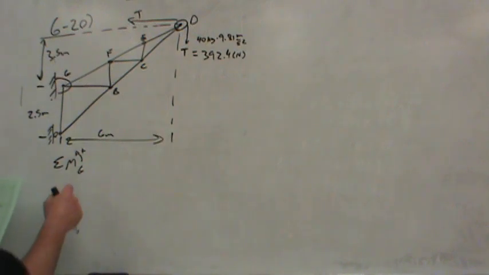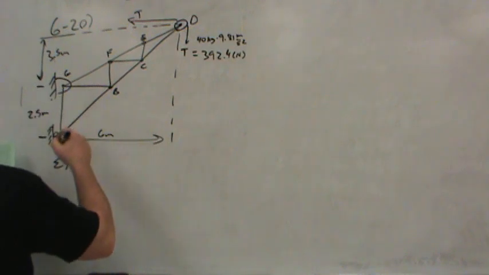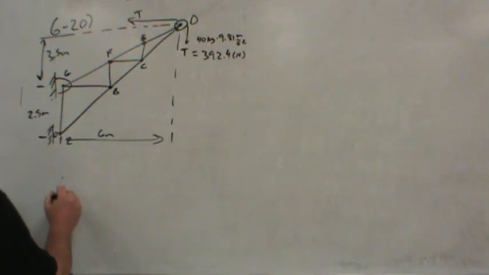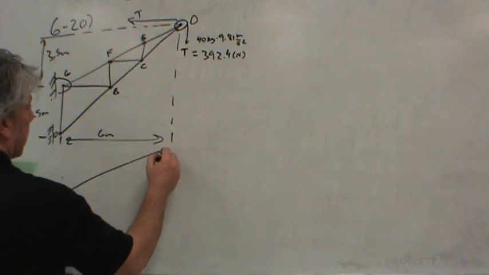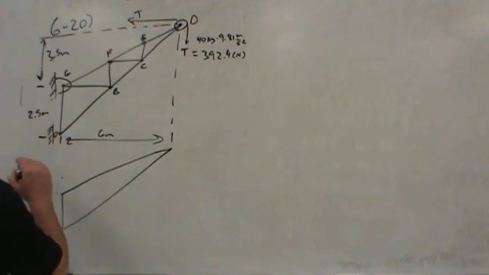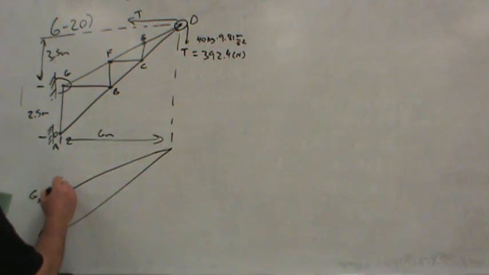So anyway, there's our geometry, and I went ahead and calculated the length of GD. Let me put that length on the free body diagram because it'll fit better. I guess I should make a free body diagram before I try to sum moments, shouldn't I? Something like that. We've got a reaction AX at point A. Forgot to mention that was point A. GX, and also, of course, GY.